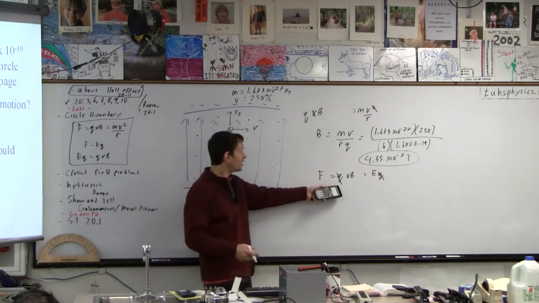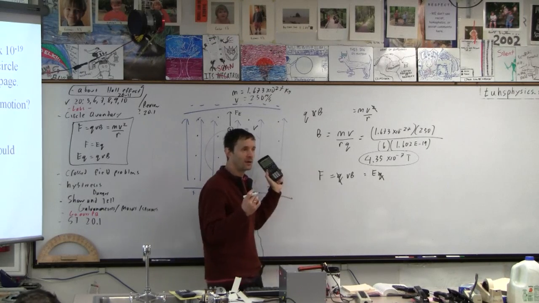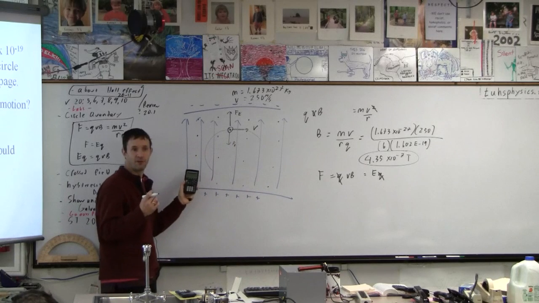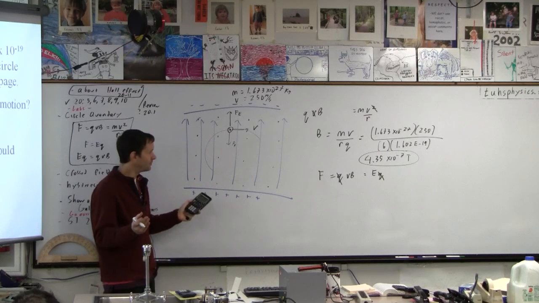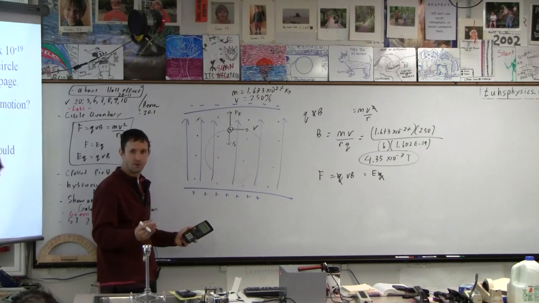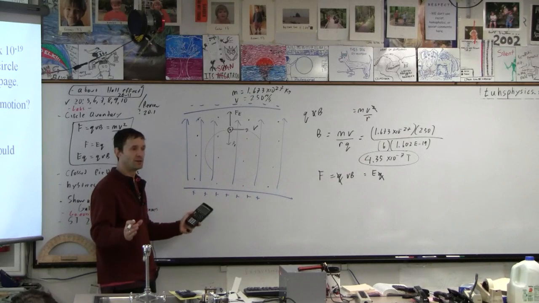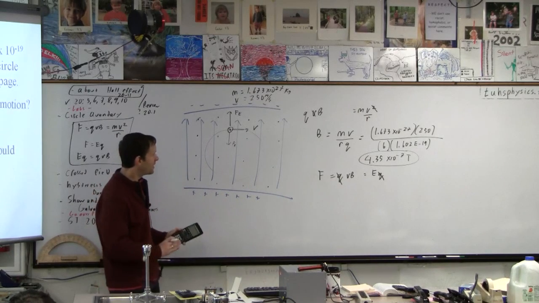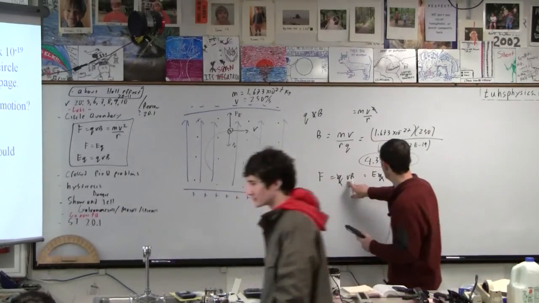The charge also doesn't matter, but that you have charge does matter. A neutron cannot be curved with a magnetic field, and it cannot be deflected by an electric field. So that it has charge is important, but what the charge is, positive or negative, +1, +2, +3, +5, doesn't matter.